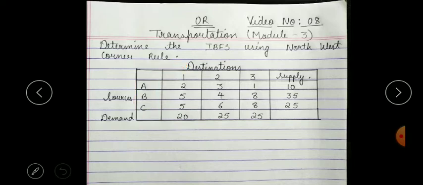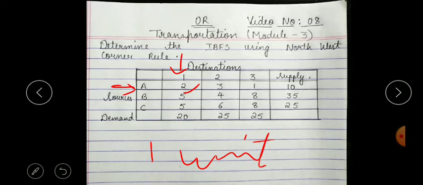And what is the meaning of these cells or matrix? I'll tell you. If you want to transport 1 unit of item, that is maybe 1 kg, 1 liter, one number of item, from source A to destination 1, it will cost you 2 rupees or $2, whatever currency it is.